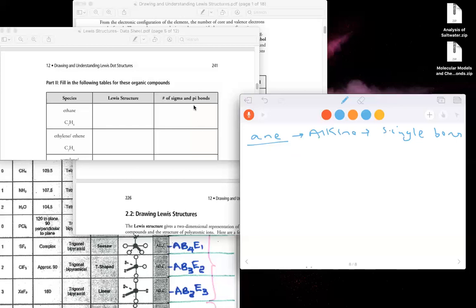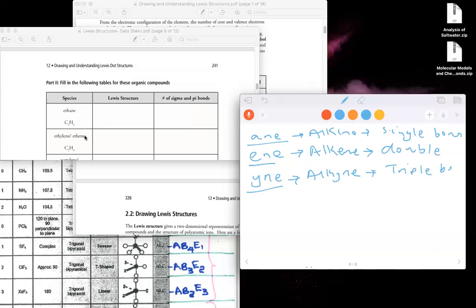If it ends in -ene, these are alkenes, and they must have a double bond somewhere. If it ends in -yne, these are alkynes, and they must have a triple bond. So the naming is a hint that it has a double bond or a triple bond.